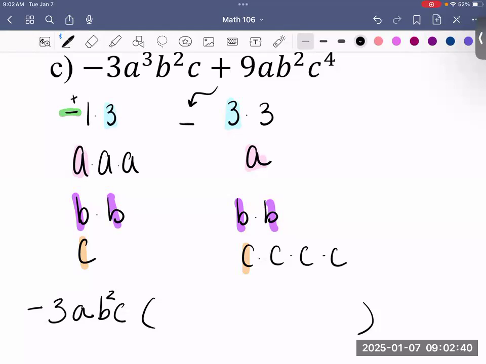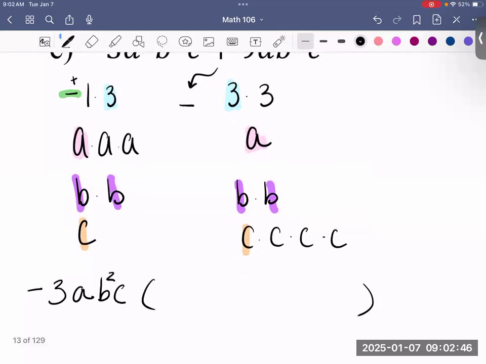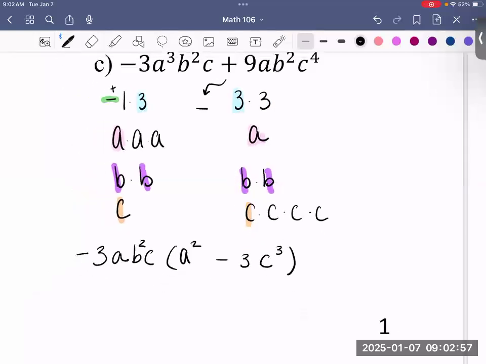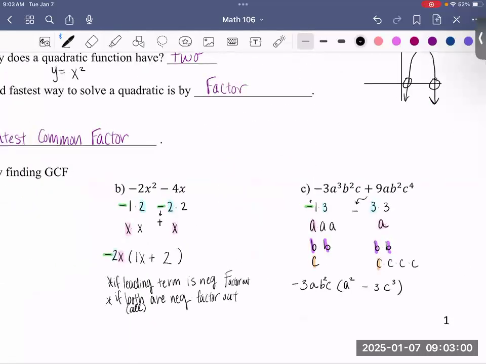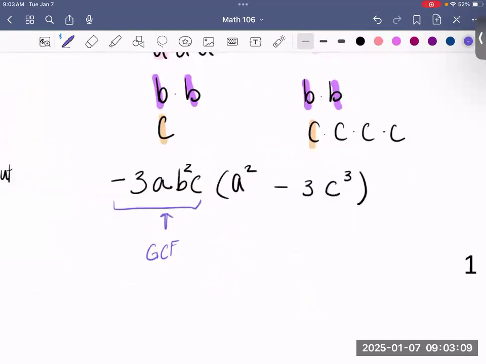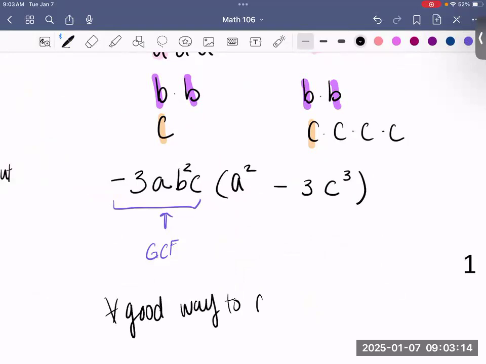And you can always double check by factoring your GCF back in. Left over, we have a squared here. We have now -3C cubed. Again, these being your GCFs. So again, good way to check is to factor back in.